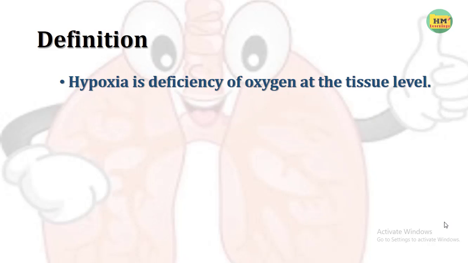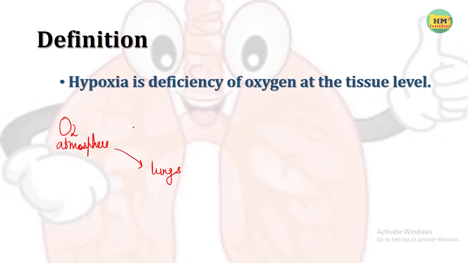So let's start. Hypoxia is the deficiency of oxygen at the tissue level. It means the tissue is not getting the appropriate oxygen required for its normal functioning. We know that oxygen is present in the atmosphere, and from the atmosphere it enters into our lungs by the process of breathing.